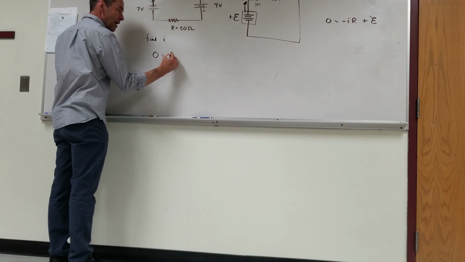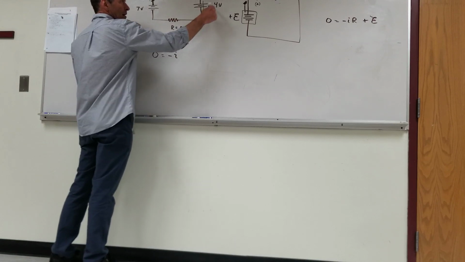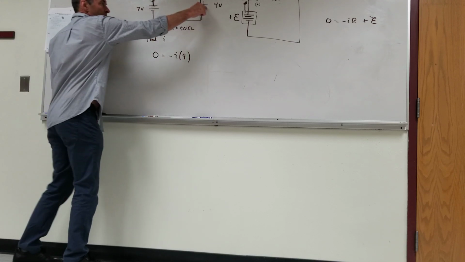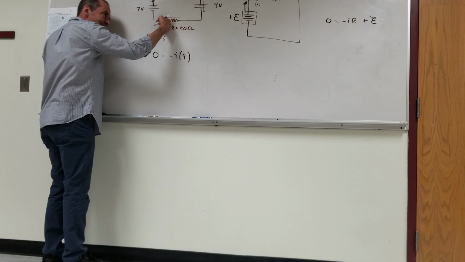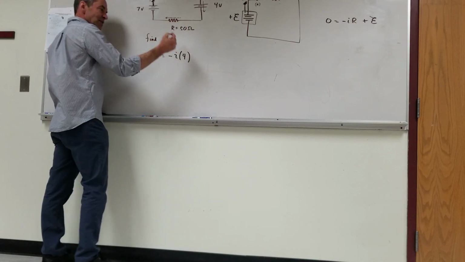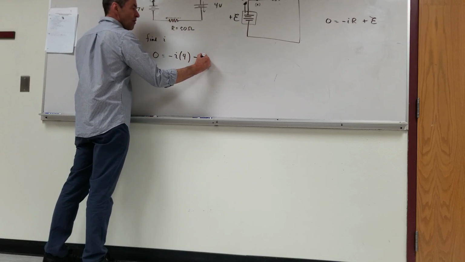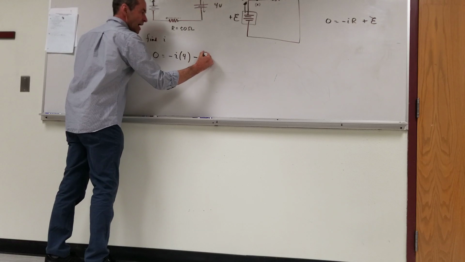So this is going to be minus 4 volts. Now the current goes this way. The current is going in the direction of the resistor. We're going to lose potential difference as we go through there. And that's IR every time we pass through a resistor, minus IR.